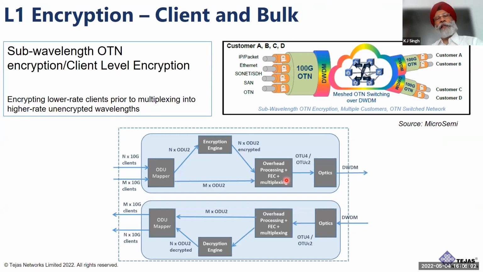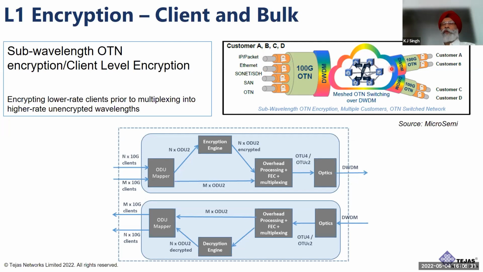What's important in this is there are two types of encryption that you can do. You can do the encryption at the client layer, and essentially whatever packets were there, you put them in an OTN container and you encrypt the container. And then you multiplex it and carry it over a higher capacity signal.